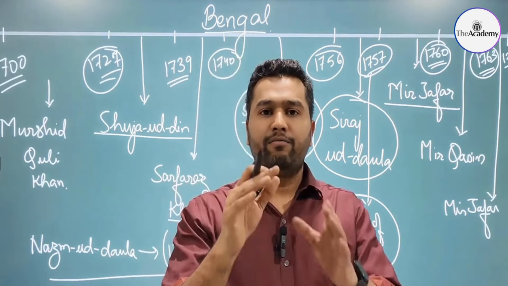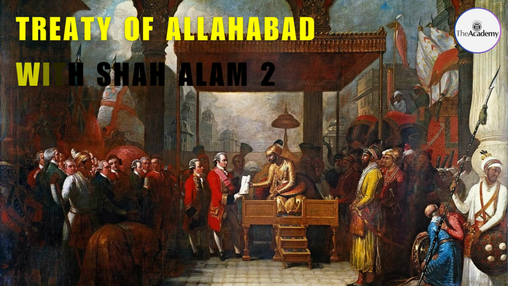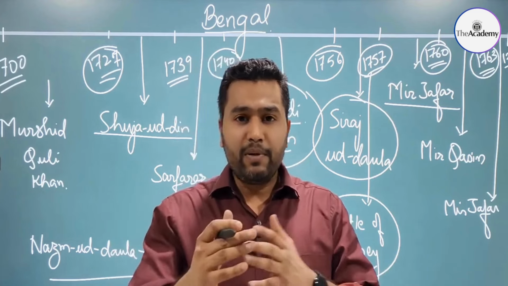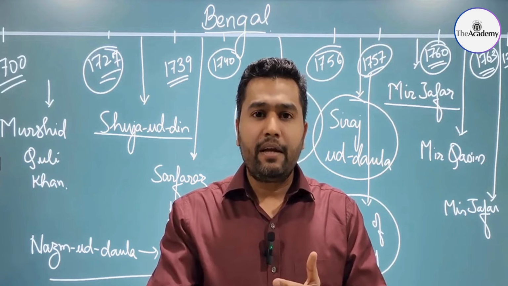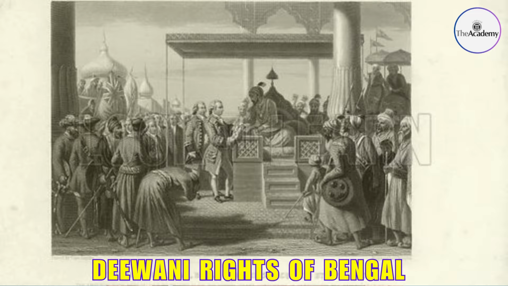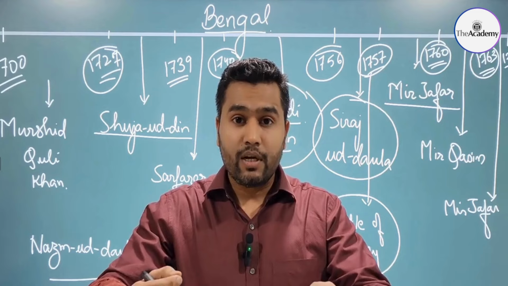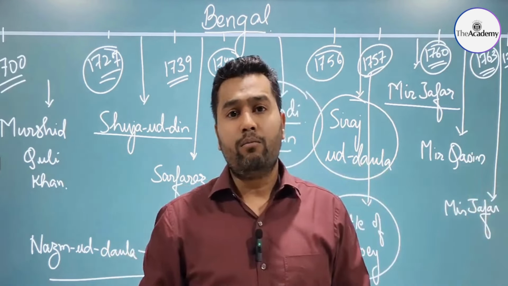After winning the Battle of Buxar, the British signed the Treaty of Allahabad with Shah Alam II. As per this treaty, the British got the Diwani rights of Bengal. That is, henceforth, the entire revenue would be collected by the British, and the British were supposed to hand over a nominal tribute to the Mughal emperor.